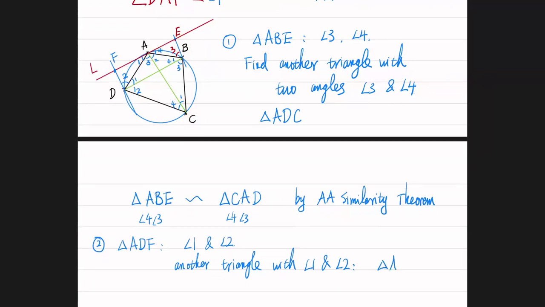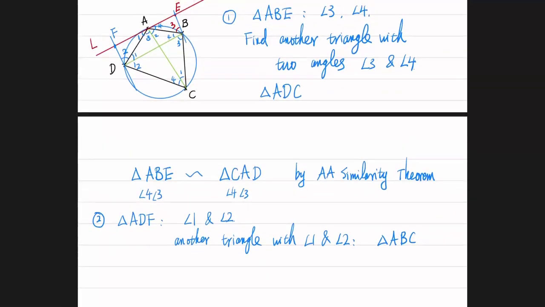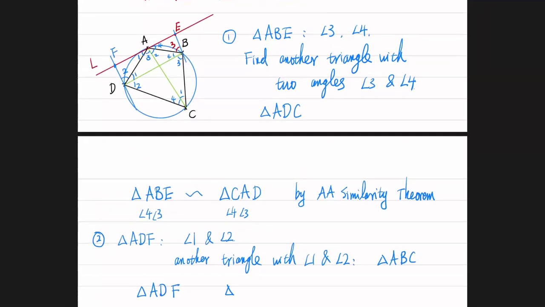We start with ABC. Then we match the vertices with triangle ADF.